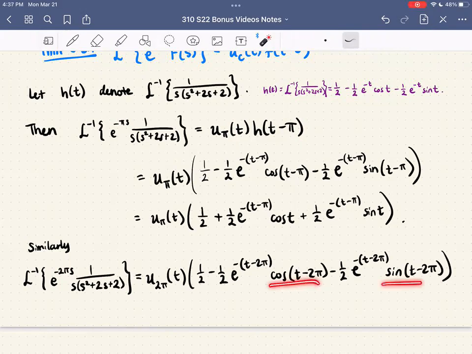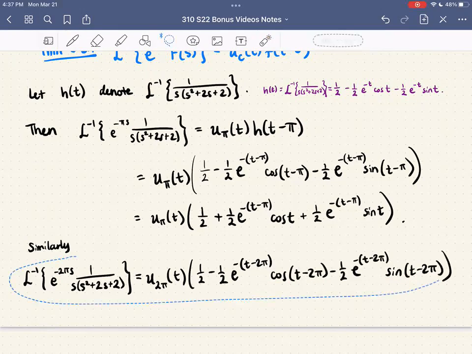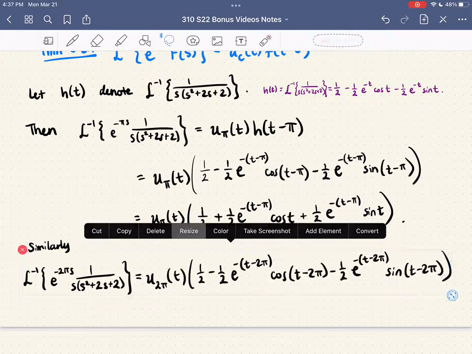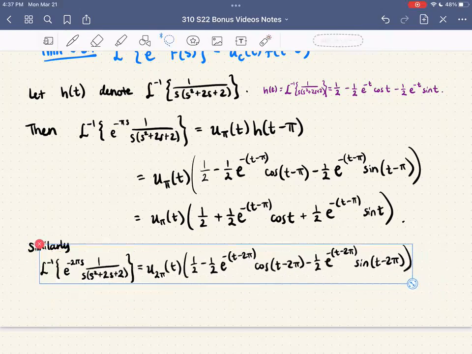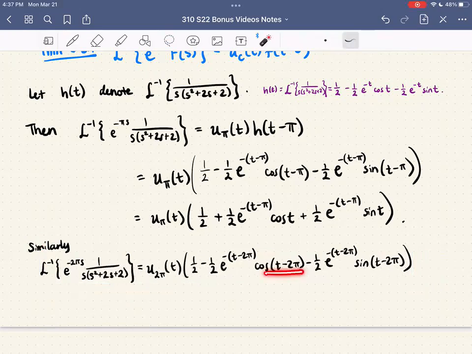But because cosine and sine are 2 pi periodic, meaning they repeat themselves every integer multiple of 2 pi, cosine of t minus 2 pi is the same as cosine, and sine of t minus 2 pi is the same as sine. So instead of writing all of that, I can replace cosine of t minus 2 pi with cosine.